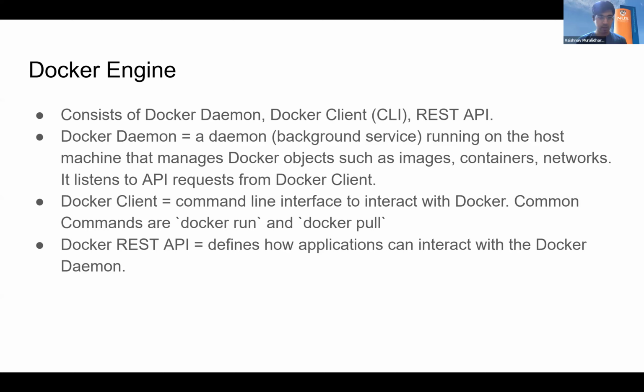The installation instructions vary depending on which OS you're running. Once you have that, you have a good idea of what a Docker engine is, but you don't need to know too much about the Docker daemon, the client, or the REST API. It's just good to know.